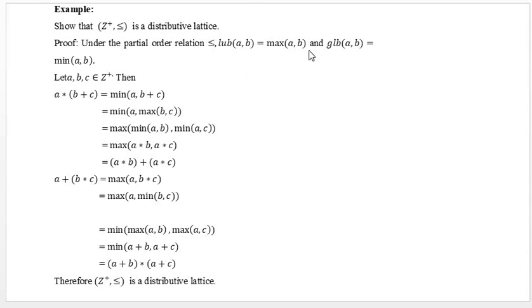So here the least upper bound of A, B is the maximum of A, B and the GLB of A, B is the minimum of A, B. So first consider A star B plus C, that is minimum of A comma B plus C, that is minimum of A comma maximum of B and C. So this becomes maximum of minimum of A, B and minimum of A, C. So that is maximum of A star B comma A star C, which is A star B plus A star C. Similarly, A plus B star C, we can show that it is A plus B star A plus C. Therefore, the lattice Z plus under the relation less than or equal to is a distributive lattice.